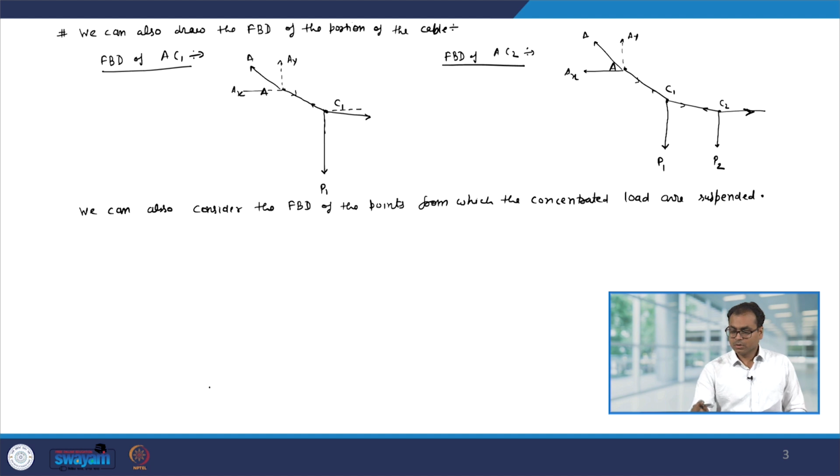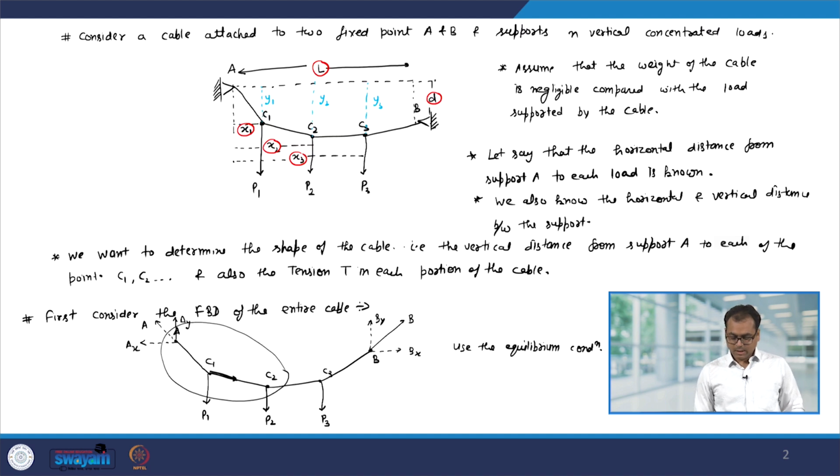Okay. So, let us see. So, you can see here from point C1 the load is suspended, from point C2 the load is suspended. Again, since the entire cable is under equilibrium, therefore, all these points are also in equilibrium.